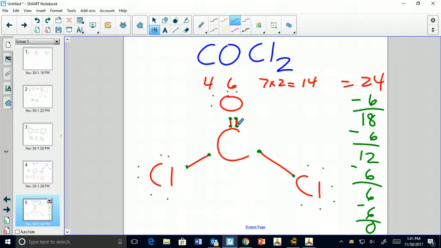Everybody has 8. Are we comfortable there? Question. So oxygen just shared 2 of its electrons? Yep. And remember that carbon has 4 valence electrons, right? So that makes sense. It's going to share all 4 of those, 1 with chlorine, 1 with chlorine, and 2 with oxygen.